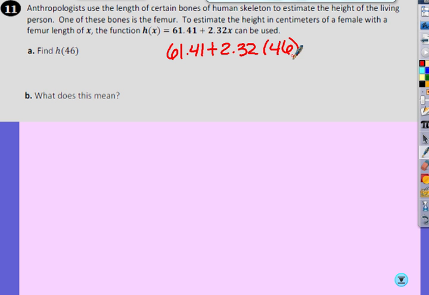So, let's evaluate. If we do 2.32 times 46, you get 106.72. We add that to 61.41.